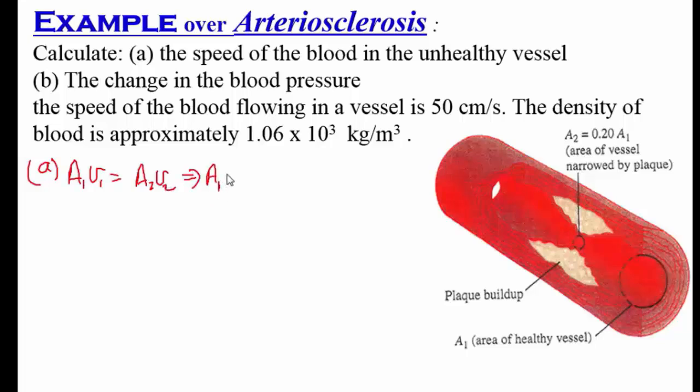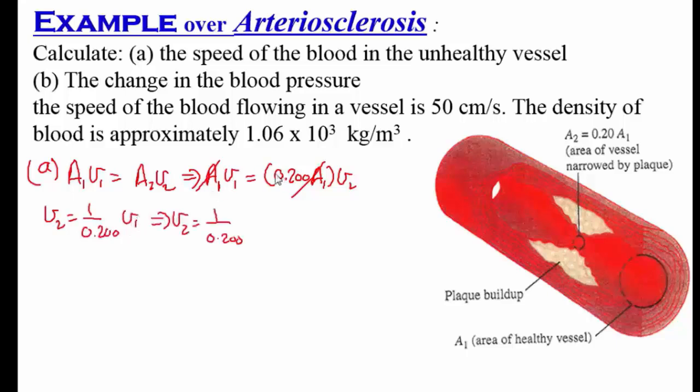So on the left hand side we have A1 V1, and on the right hand side we replace A2 by 0.200 A1 times V2, and you can see here A1 will cancel out, and hence V2 is 1 over 0.200 times V1. Since V1 is 50 centimeters per second, which is 0.5 meters per second, hence V2 will be 5 times 0.5, because 1 over 1/5 is 5, and this will yield 2.50 meters per second.